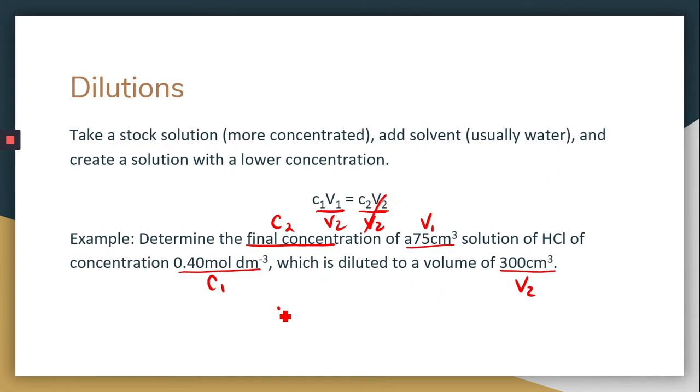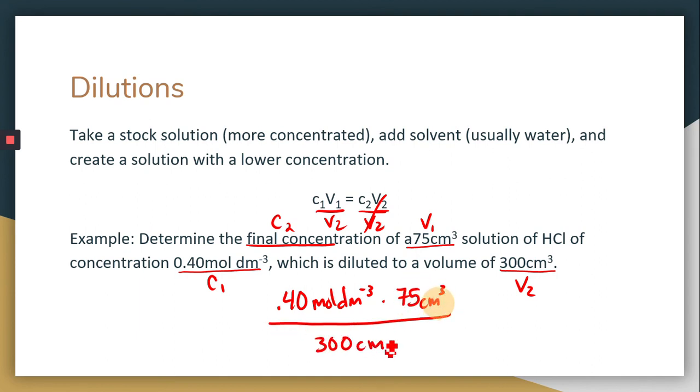So we would have 0.40 moles per decimeter cubed times 75 centimeters cubed divided by 300 centimeters cubed. So see, the centimeters cubed would cancel out, so it doesn't matter if it's in centimeters or decimeters. Multiply and divide.